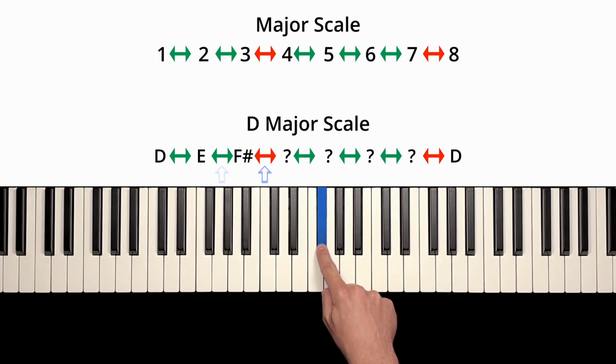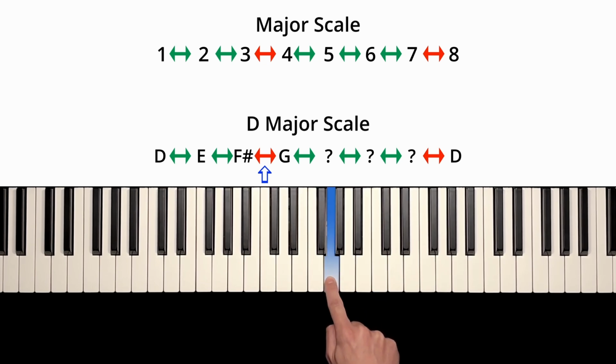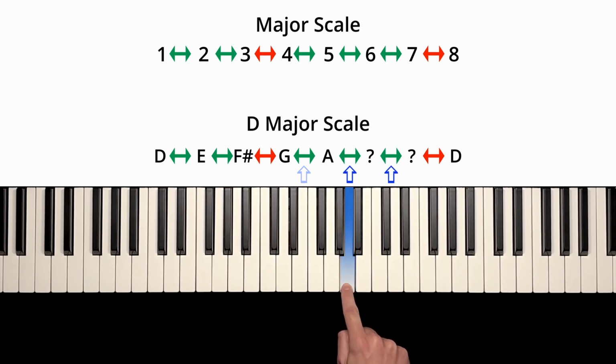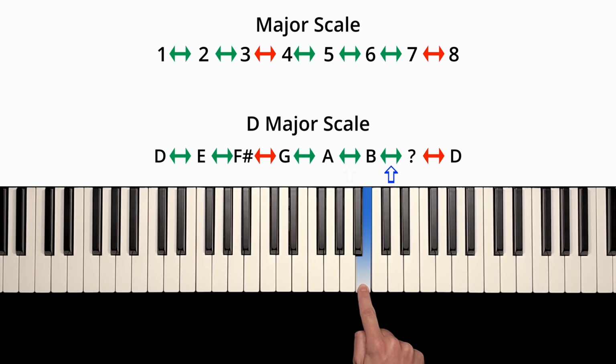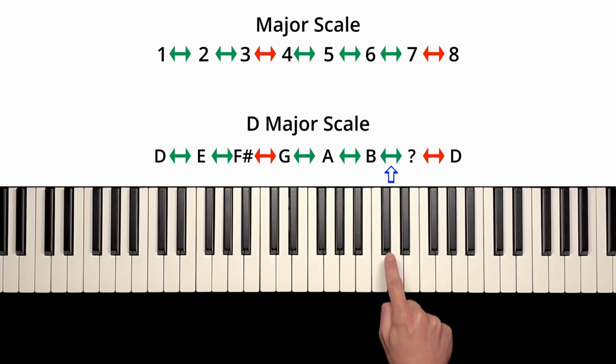The next step in our scale is a semitone, so we move from F sharp to G. The following 3 steps are whole tones, so we go from G to A, from A to B, and from B to C sharp. That leaves us with the final step of our scale, a semitone between C sharp and D.